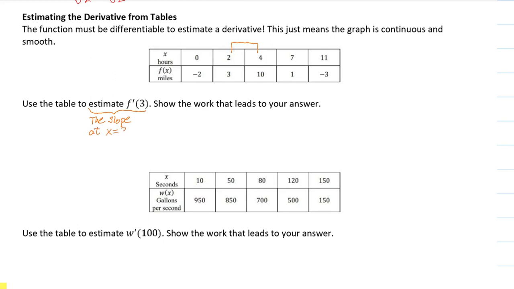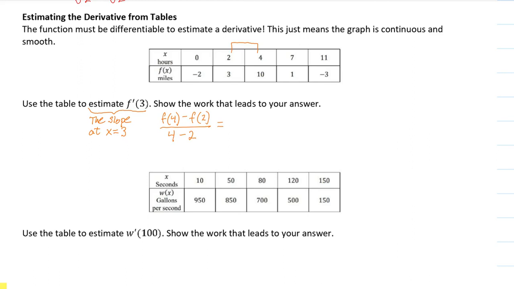So again, it's just an estimate. And the way we're going to do that is we're going to do the slope formula using x equals 2 and x equals 4. Just like we were doing the other day when we were estimating slopes using slope formula. So I'm going to do f of 4 minus f of 2. That's my y2 minus y1 over 4 minus 2, x2 minus x1.